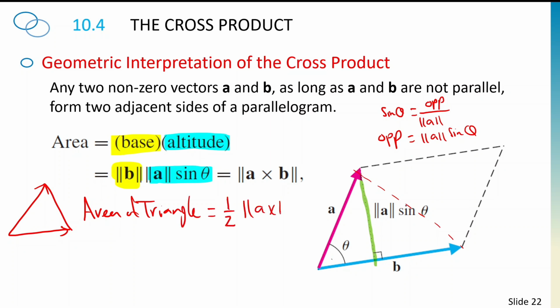Same thing, the cross product, but add a half to the formula. Why? Because the triangle is half of the parallelogram. That's good, easy now. So we're adding more applications to the cross product.